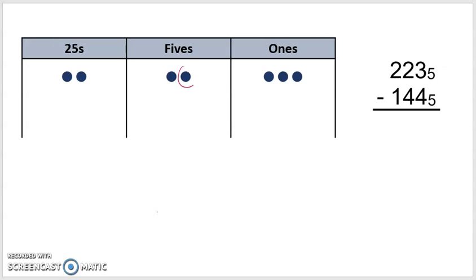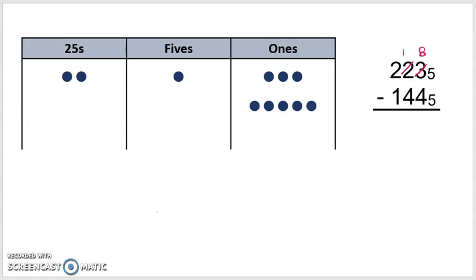We're going to take one of these 5s and exchange it for 5 ones. That's what's important in other bases: when you're exchanging, you're not exchanging 10s, you're exchanging 1 five for 5 ones. And that's reflected here. So we are left with 1 five after we do the exchange. I've marked it on the tableau.